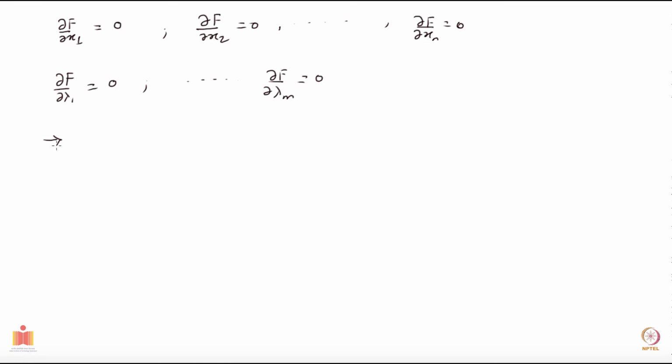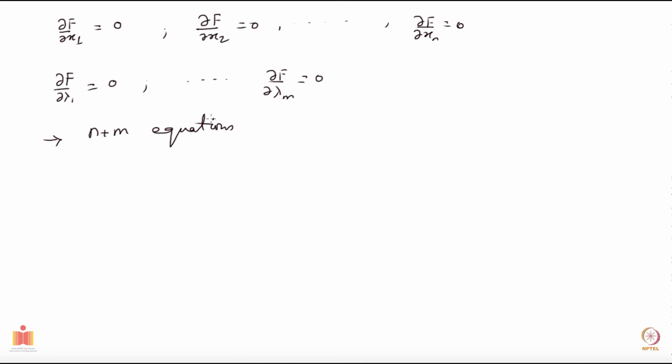So how many equations do we have now? n of these equations and m of these equations, a total of n plus m equations.